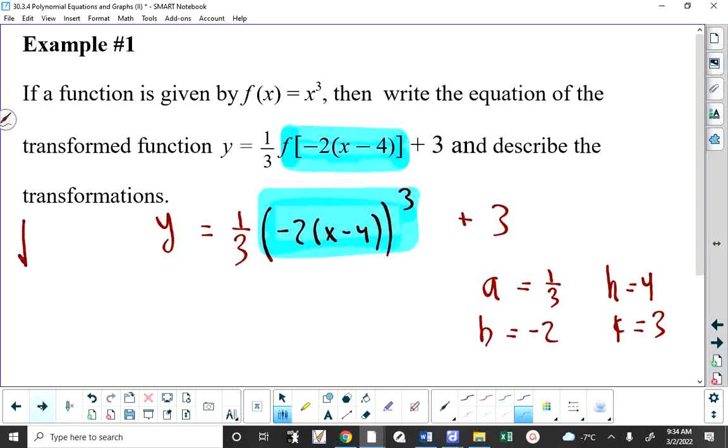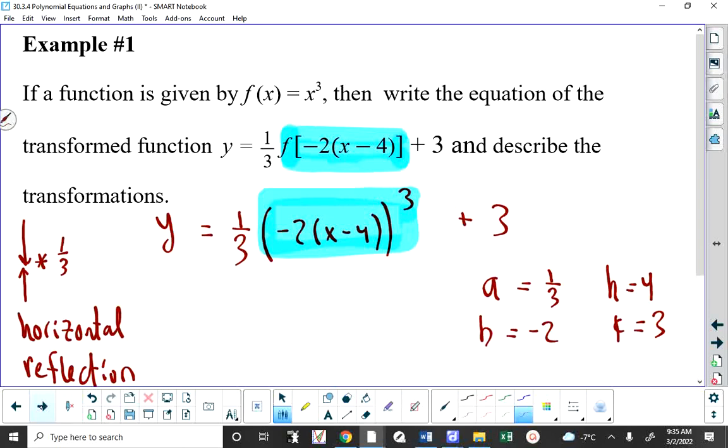We have a vertical stretch by a factor of 1/3. We have a horizontal reflection. And the reason we have a horizontal reflection is because B is negative.